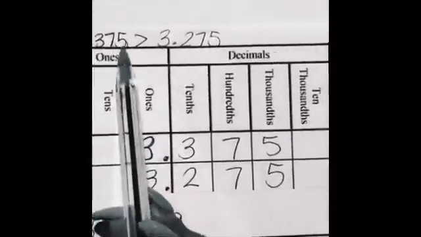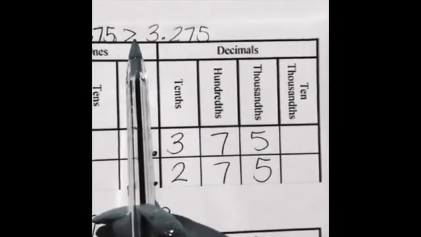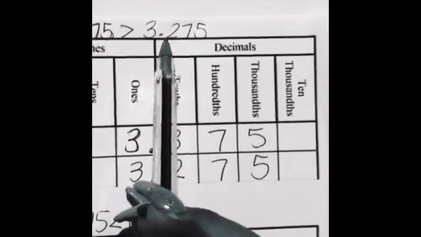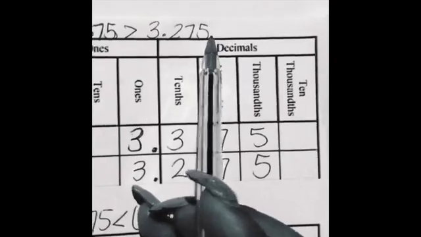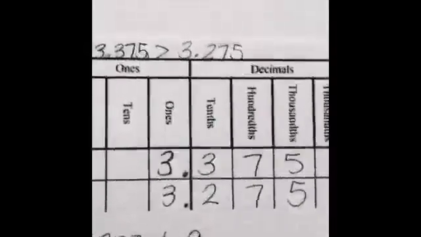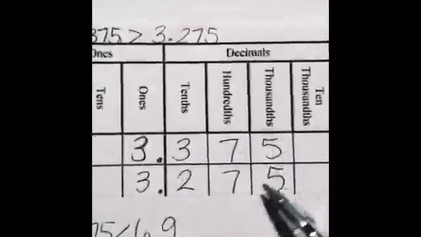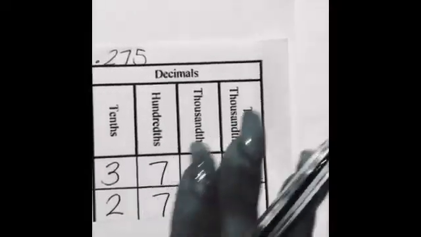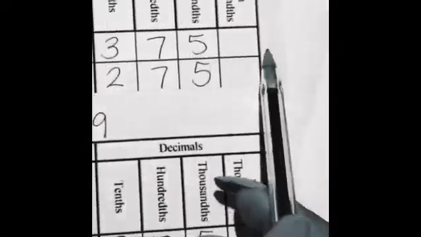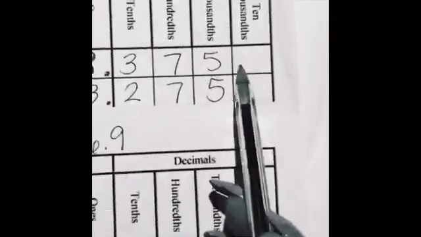So F said that 3.375 is greater than 3.275. The easiest way to compare these two is to put them on a place value chart, which is what I already did. I'm starting with the ones because I don't want to start at the end and then have it in the wrong place value.